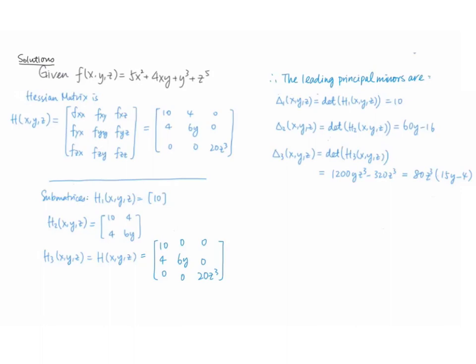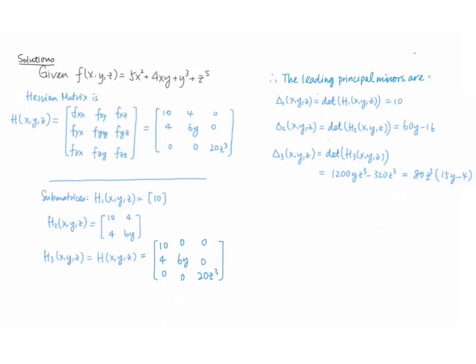In an earlier page, we have already obtained the Hessian matrix of this function. Now we continue to obtain the submatrices of this matrix and the corresponding leading principal minors. We are only interested in submatrices which are also square matrices and taken from the top left-hand corner of the original Hessian matrix.